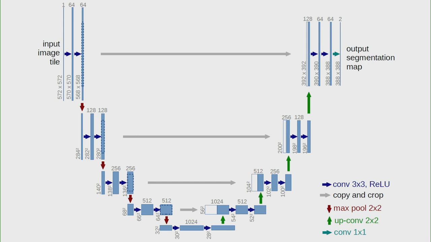And the output is on the far right. What happens is this: first we're doing convolutions and ReLU nonlinearities, like you do for image classification. And then you do max pooling. If you follow that path, this is called the encoder. And this encoder is really similar to the plain VGG architecture, which can be used for image classification.